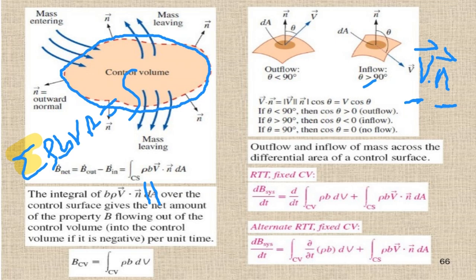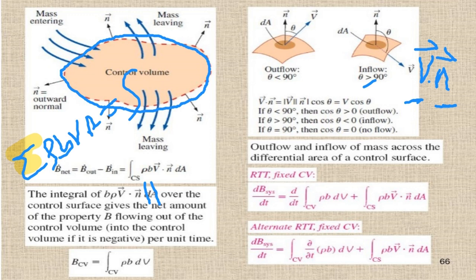Why do you need the normal component? Because you are always interested in the component which is normal to the surface. It has to leave the surface in a normal way, right? In a perpendicular direction. So this is why you can show it as V dot n scalar product, which will give you V cosine theta, the normal component of the velocity.